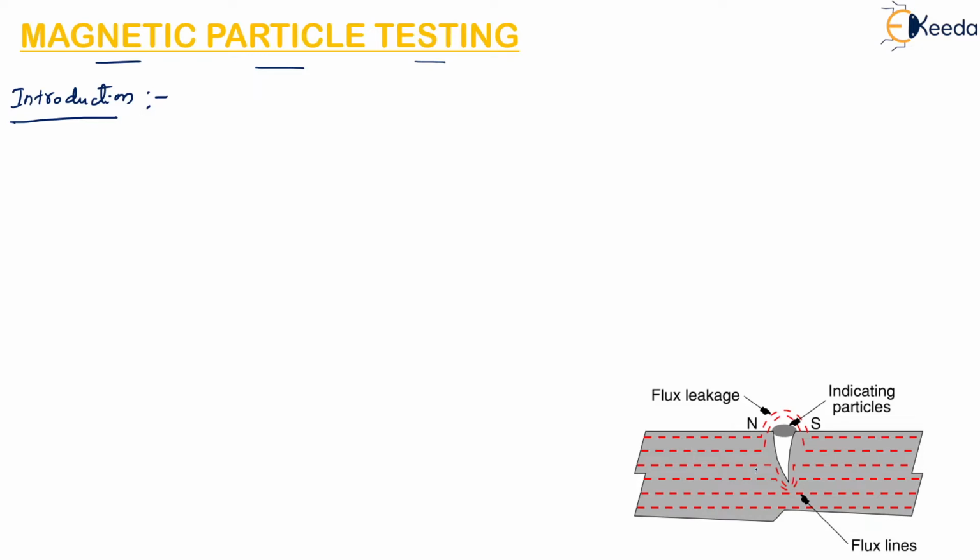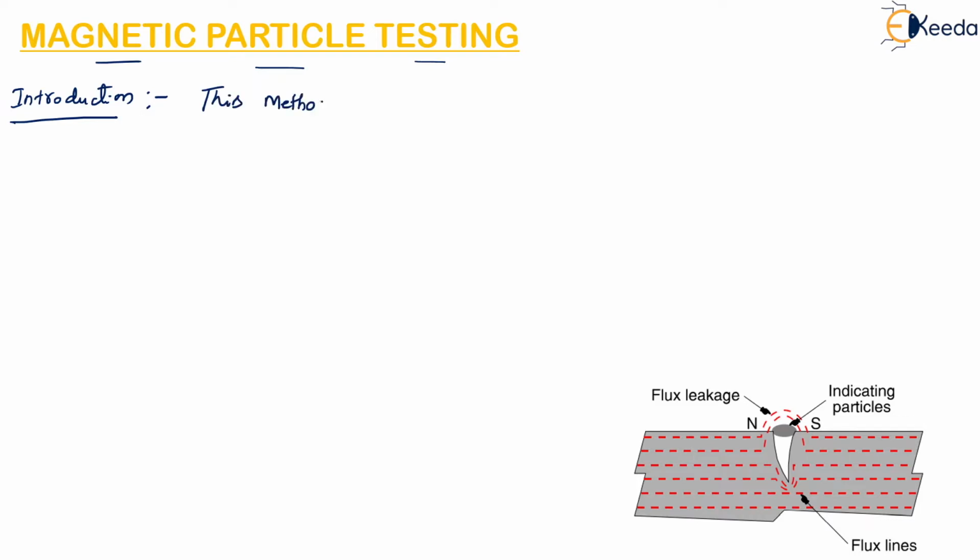If there are any discontinuities or defects, it can be found with the help of this magnetic particle inspection, but the condition is that the substance or the component which we are testing must be a magnetic material. So mainly ferritic steel and iron.